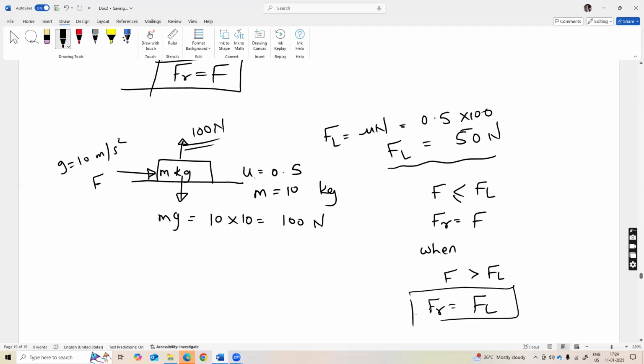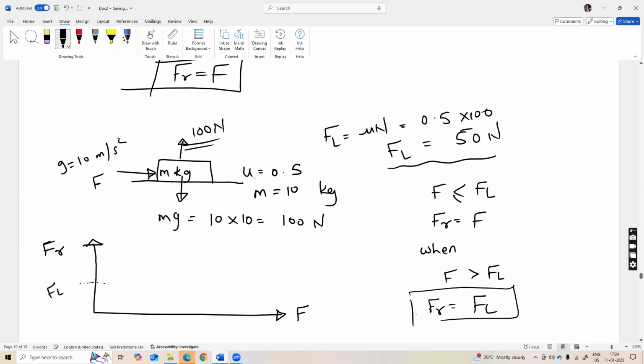So we have seen one graph last time. Here, let's say it is the frictional force Fr versus applied force. Let's say this point is the limiting friction Fl.